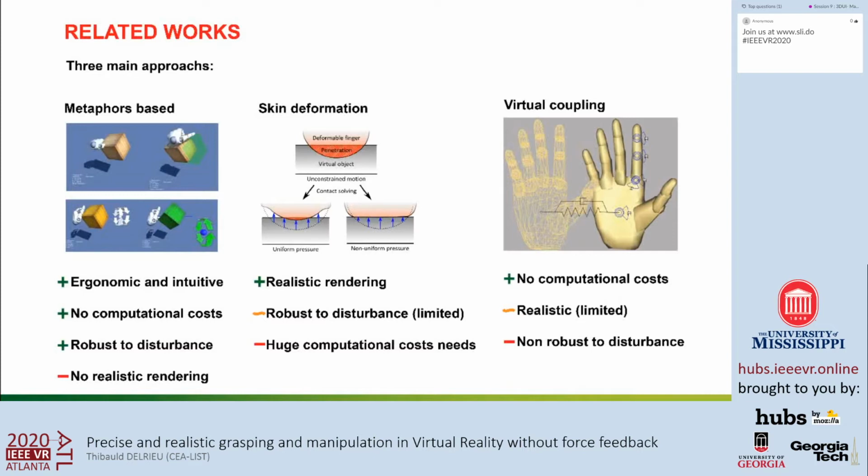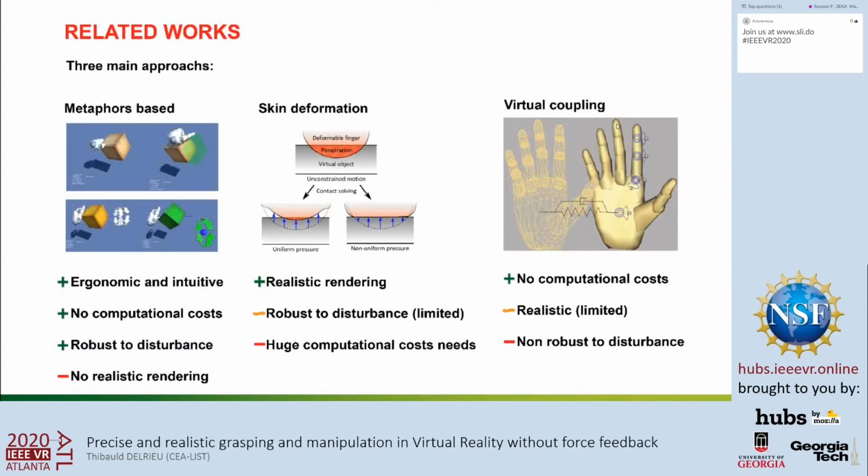The second approach, the main approach, is more related to the simulation domain. This approach consists of simulating the human skin as a soft body in interaction with the objects.